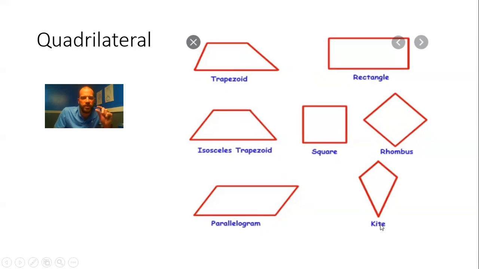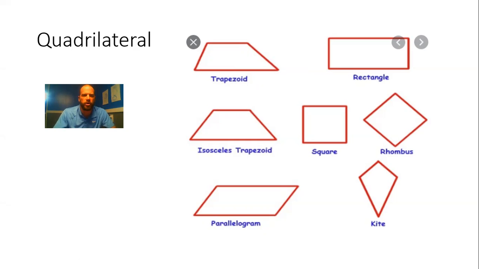We will be touching on kite a little bit, and parallelograms. And the easiest way that I found to teach this to students is they're like clubs. Like we get a shape and then we ask ourselves, what clubs can the shape join? And each club has rules.